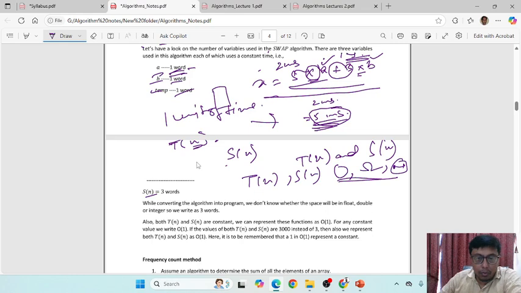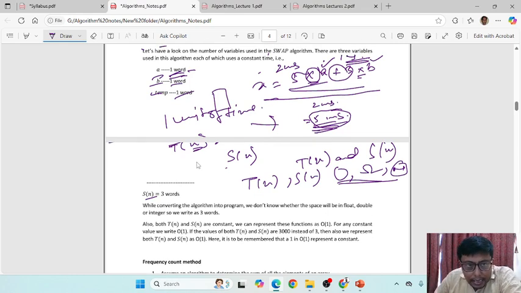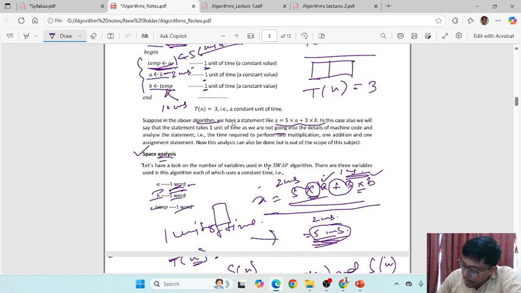For the time being, consider that this Tn is equal to 3. That means it's a constant unit. So since it's a constant unit, we can say big O or big theta of 1.